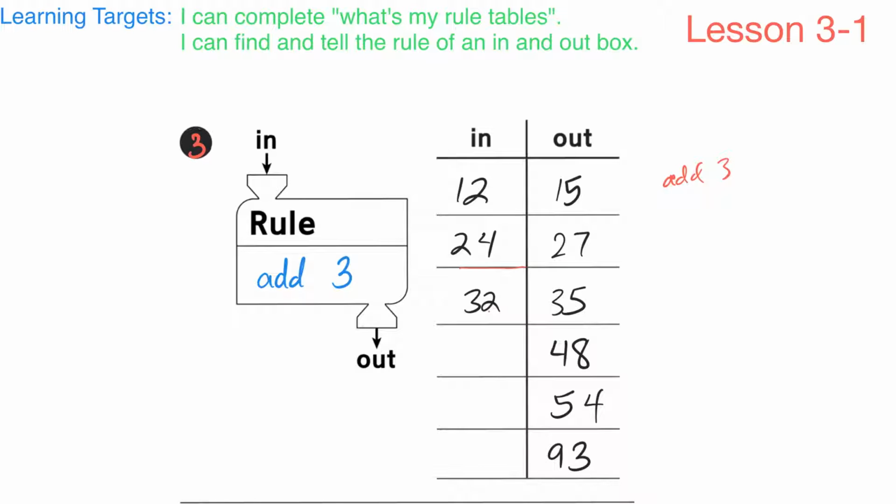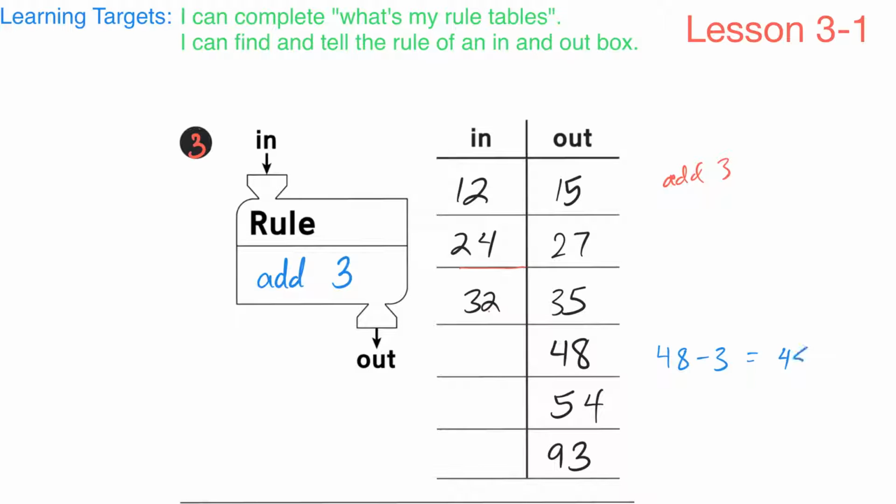So since I'm working in reverse order, just like we did on the last problem, I have to do the opposite of add 3 to 48. If the opposite of addition is subtraction, I'm going to do 48 minus 3, so I'm going to write that number model here. 48 minus 3. And I know that equals 45: 48, 47, 46, 45.